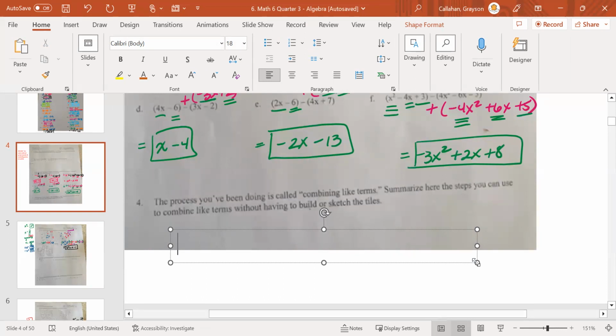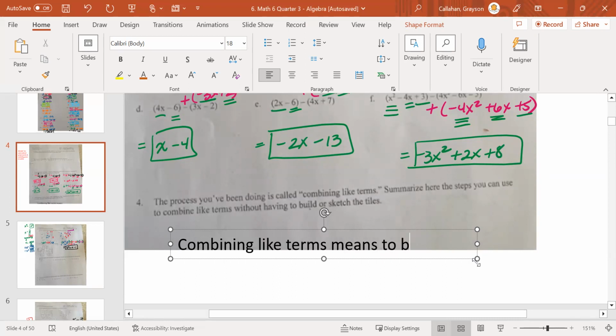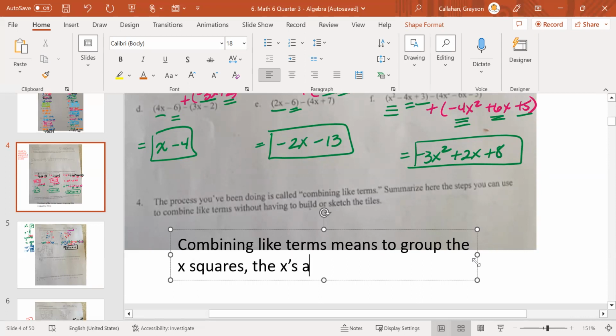So what you can say is combining like terms means to group the x squares, the x's, and the numbers together. Okay, that's really what it means, when it says combining like terms.